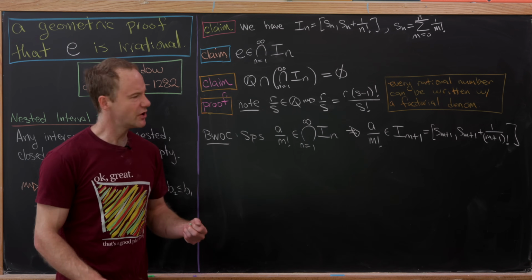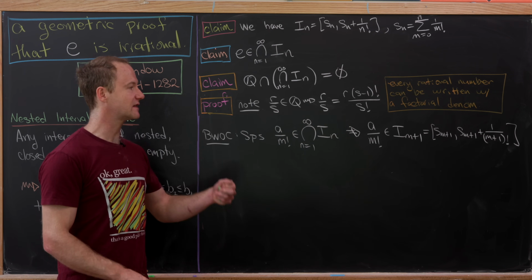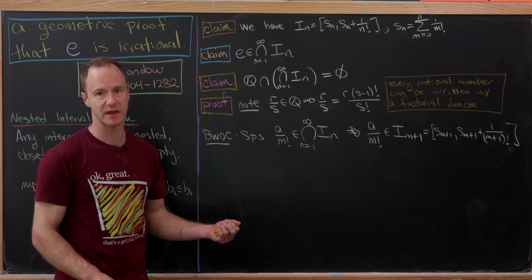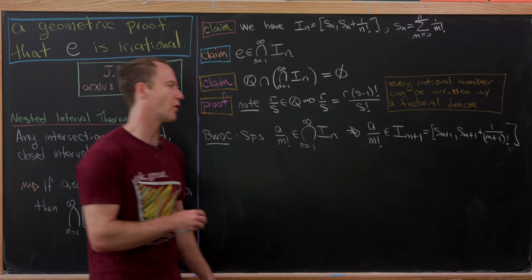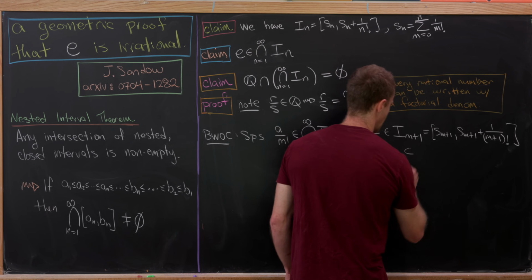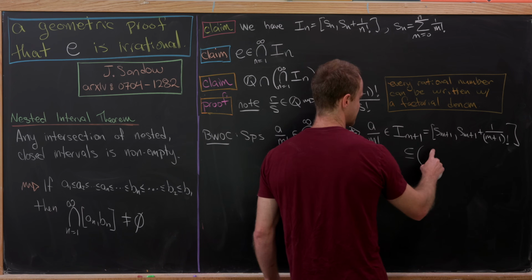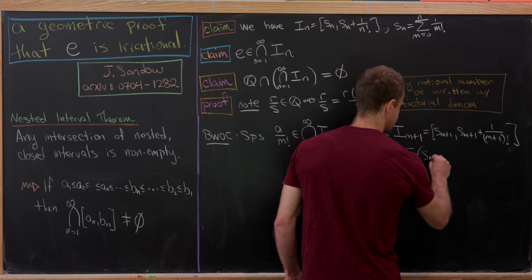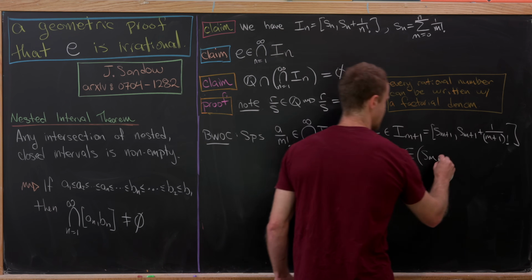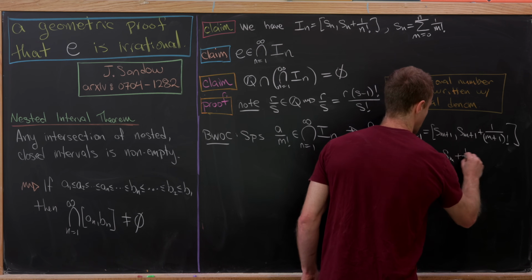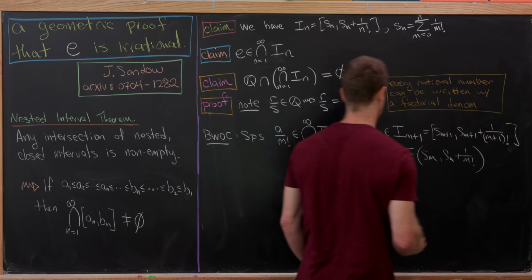But then let's notice that that's completely contained within I sub m, and we can even throw away the endpoints. So in other words, we've got this containment which shows us that this closed interval is inside of the open interval S sub m to S sub m plus 1 over m factorial.